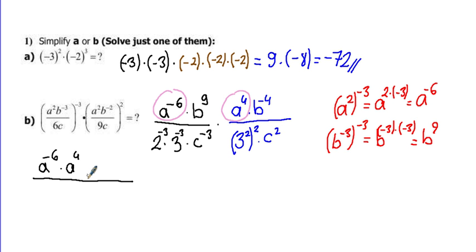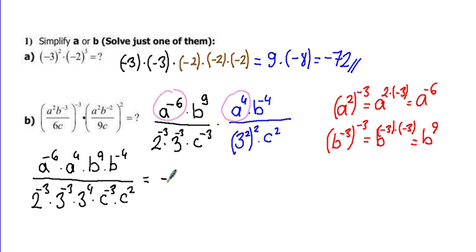It's better at the beginning to write like terms next to each other. And we have b to the power of 9 times b to the power of minus 4. In denominator I have 2 to the power of minus 3, 3 to the power of minus 3, and 3 to the power of 4 times c to the power of minus 3 times c squared.